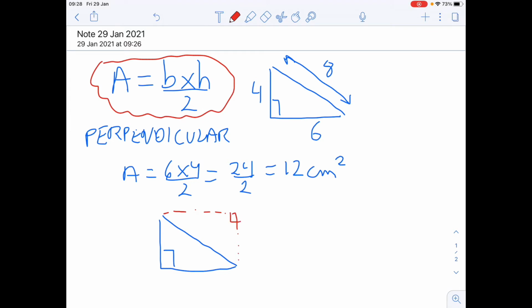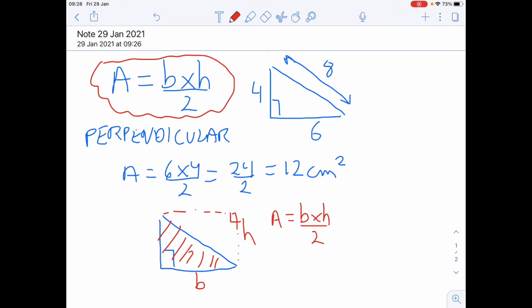And we know the area of a rectangle is base times height. So the area of a triangle, just one triangle, is going to be half the area of the rectangle. So the area of the rectangle is base times height. So the area of one triangle will be base times height divided by 2.